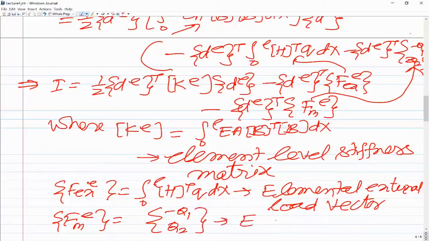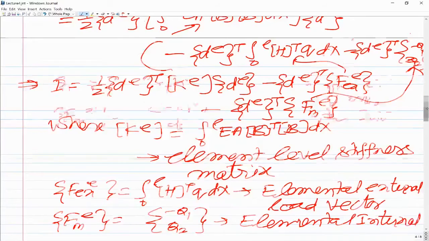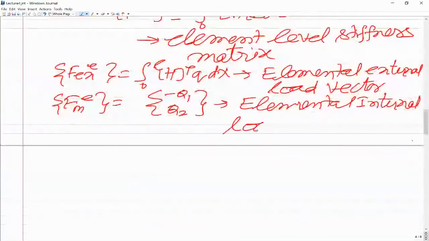Why elemental? Because when we have an assembly of elements, these forces become internal to the system. That is why I'm using the term internal, because in the assembly of elements it is going to be internal. Of course, for one element this is also external, but I'm using the term elemental internal load vector.